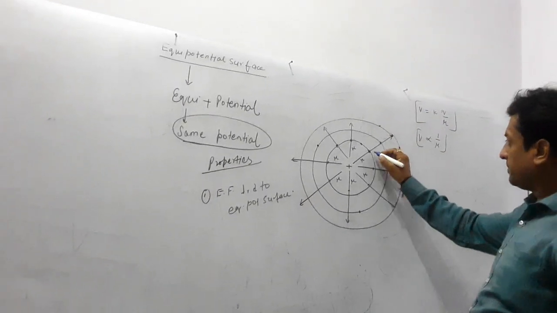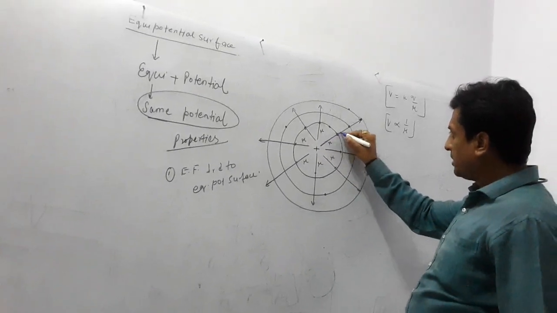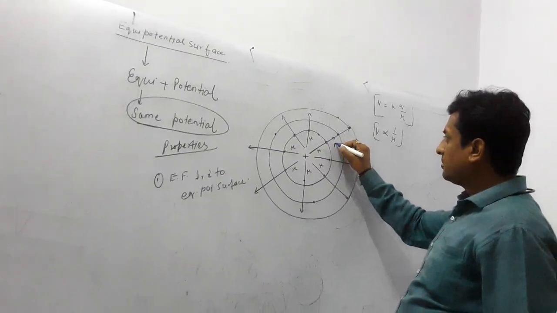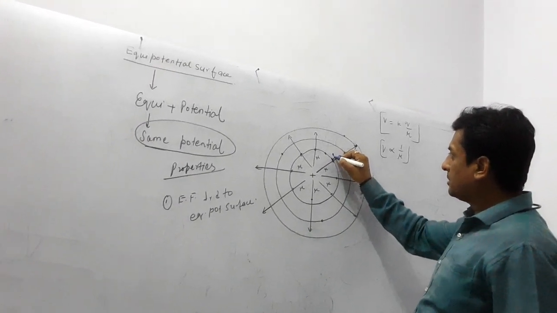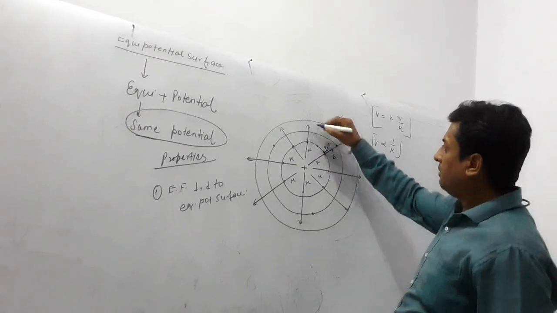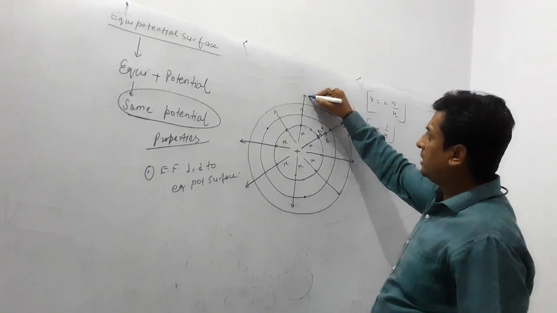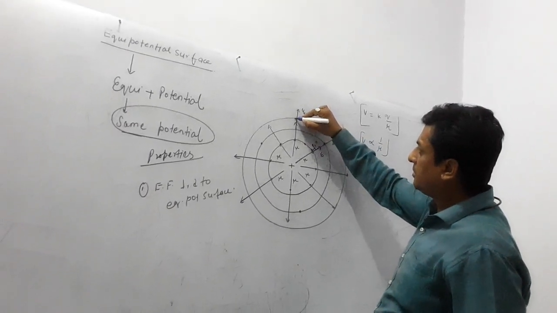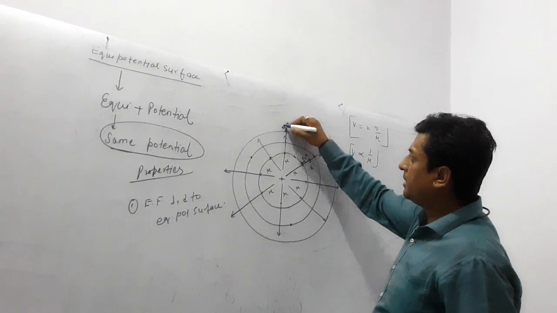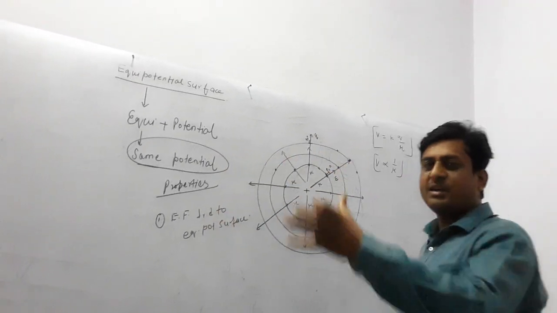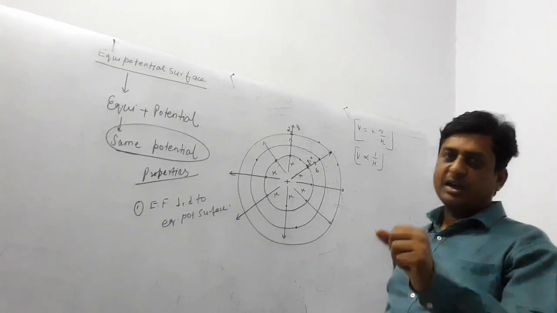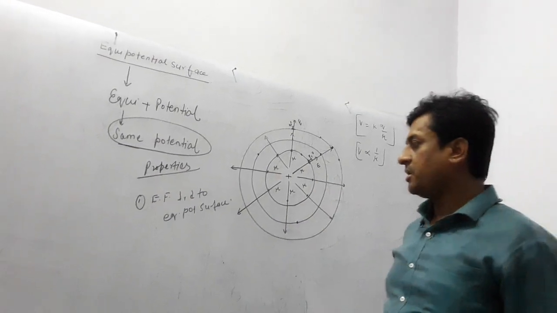If you see the figure, this is the direction of electric field E, and this is the surface, and this angle is 90 degrees. If you take here, this is the electric field, this is the surface, the angle is 90 degrees. It means an equipotential surface always forms a 90 degree angle with the direction of the electric field. This is the first important property.